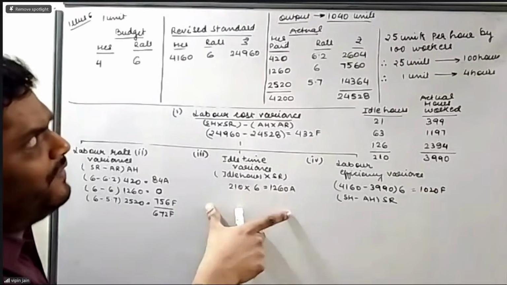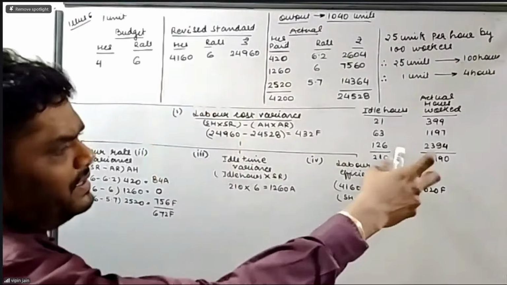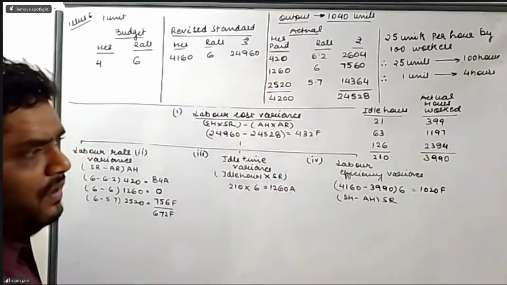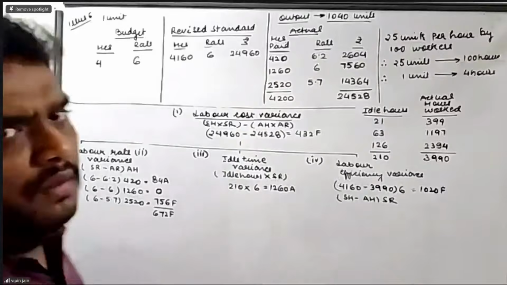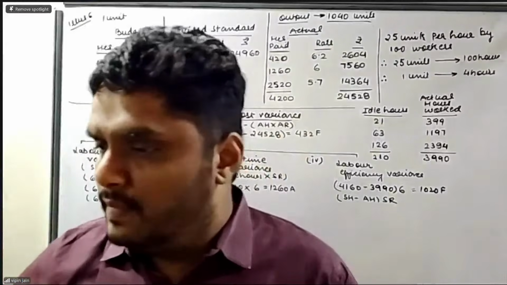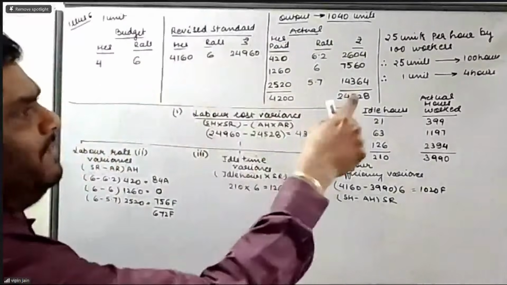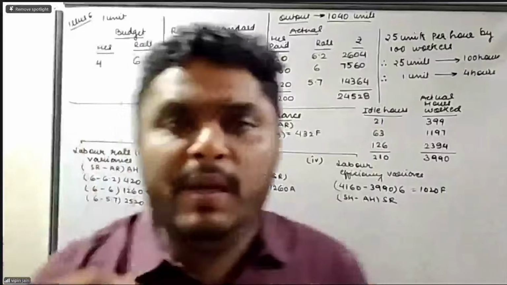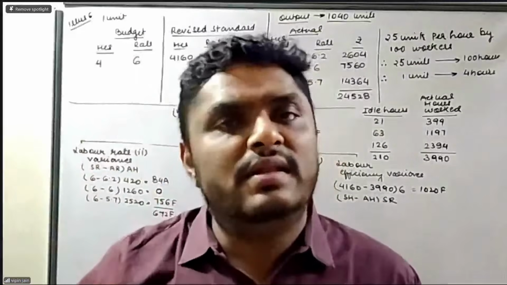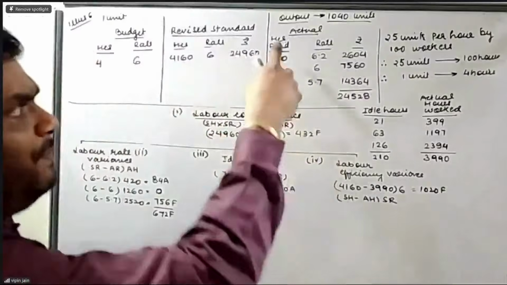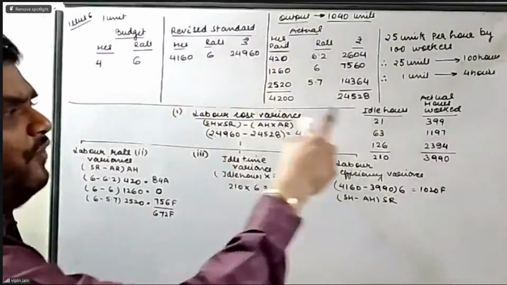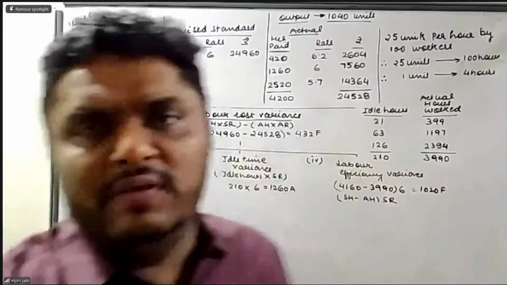So we are now left with the difference of 4160 minus 3990. That's why. When we calculate cost variance or rate variance, then straight away, see, cost variance means how much we should have paid and how much we paid. Generally the payment is made on these hours. For idle hours also the company is paying the workers.